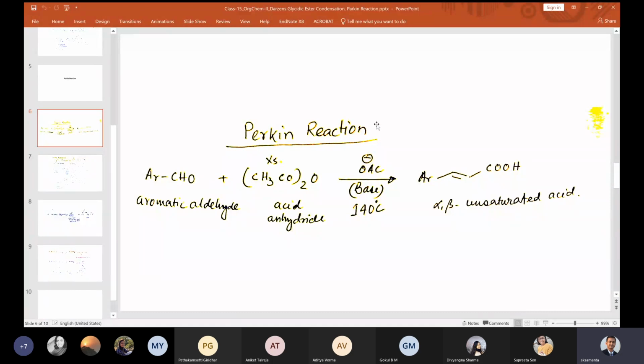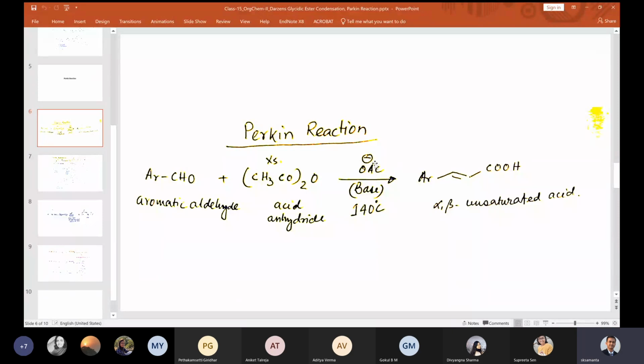So in the Perkin reaction, you take one aromatic aldehyde and excess acetic anhydride, at least 2 equivalents for one particular reaction. A base is also taken, and this base should be the same as what the acetic anhydride is made up of.